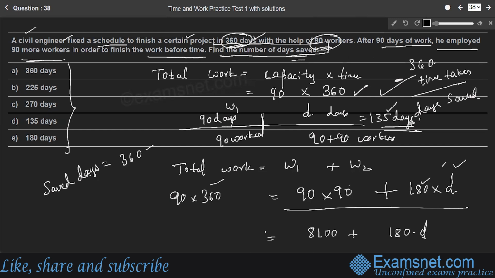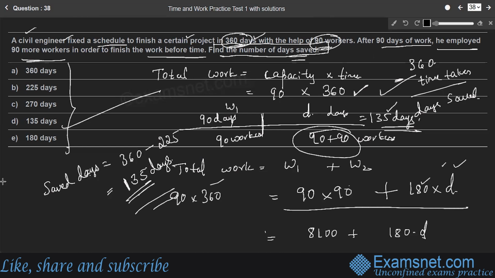So it is 225 days. So 10 minus 5 is 5, 5 minus 2 is 3, and 3 minus 2, 1. Yes, so saved days are 135 days. So by adding 90 more workers in the second part of the work, they could save 135 days. Therefore, option D is the right answer. Yes, the option is given already. So option D is the right answer.